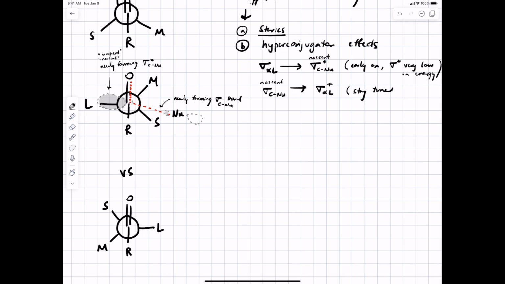So stay tuned on the idea of the nascent carbon nucleophile bond stabilizing the alpha carbon to large group sigma star. This is thought of usually only in select cases, and I'll show you one of those.